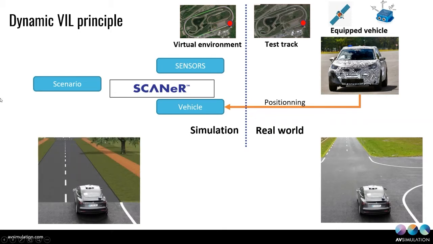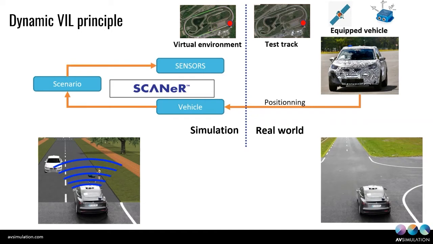And it is interesting because you can also modify the virtual environment, so you can add new road configuration, for example, even if it doesn't match your real road. Then what is really interesting, of course, is that you can run many virtual scenarios. So on this virtual environment, you can put new vehicle, new actors, and design a new situation.